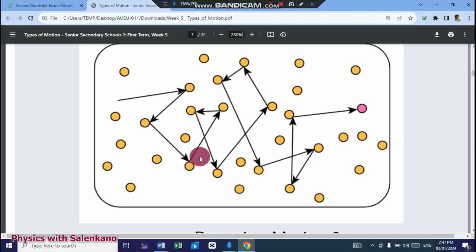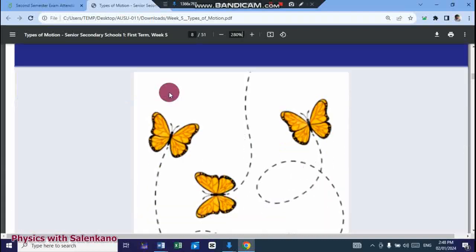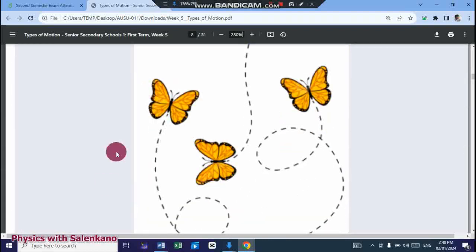So they end up colliding with each other, because there is no single direction faced by all particles. They do not move in the same direction. This is why we call it random motion. This is the random motion of butterflies. You can see you have 3 butterflies and they face different directions.